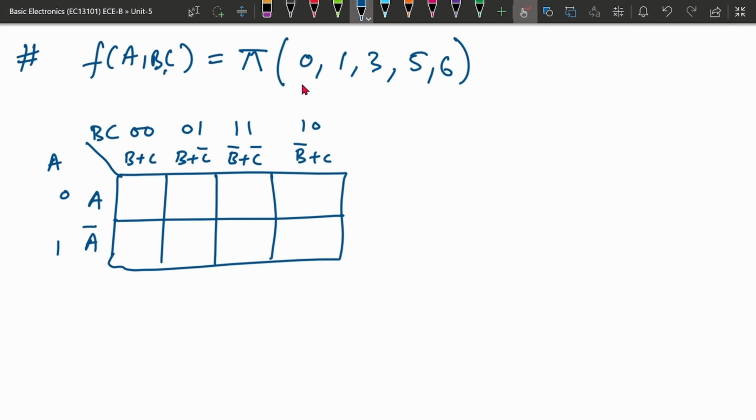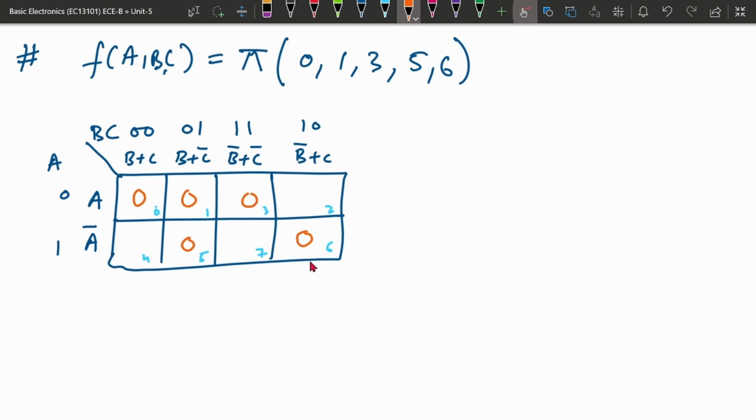Now we have to fill the data, fill the max terms. So these max terms are 0 1 2 and 3, 4 5 6 and 7. So we need to fill 0 1 3 5 and 6.